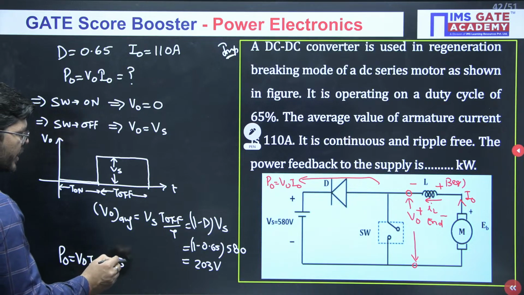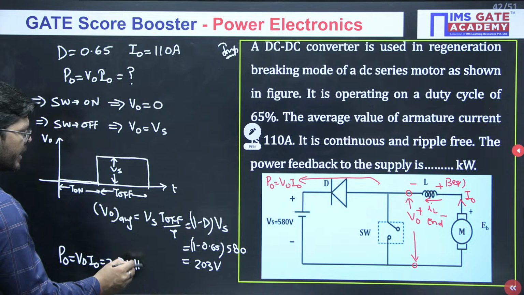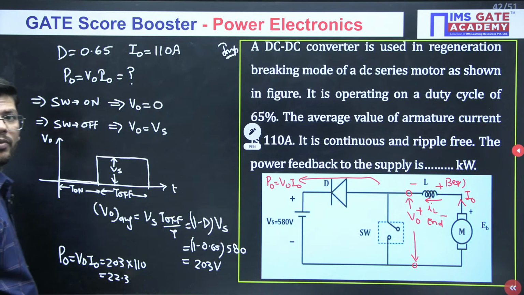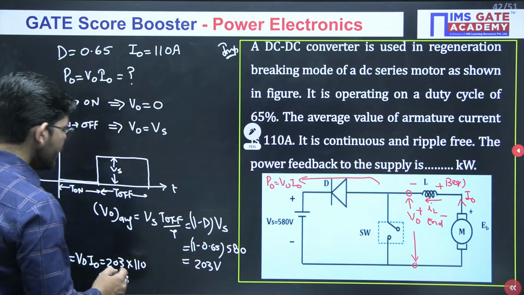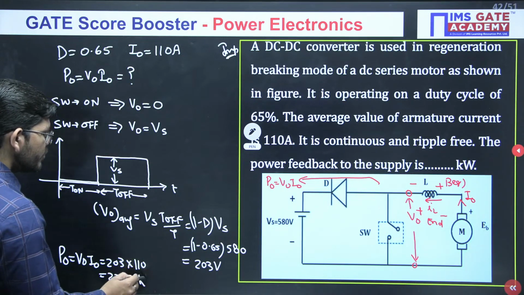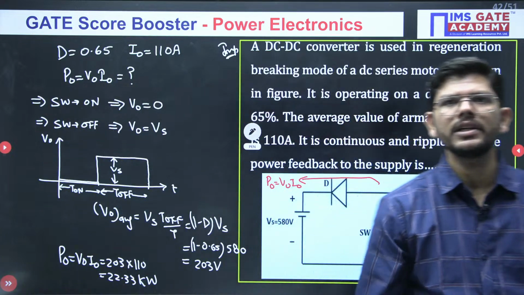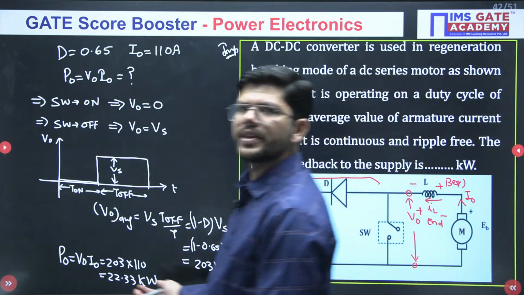That is 203 into 110, and you will get 22.33 in terms of kilowatt. So in terms of kilowatt we have to answer. This is what you will get.